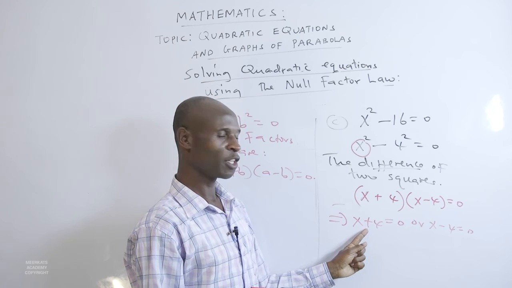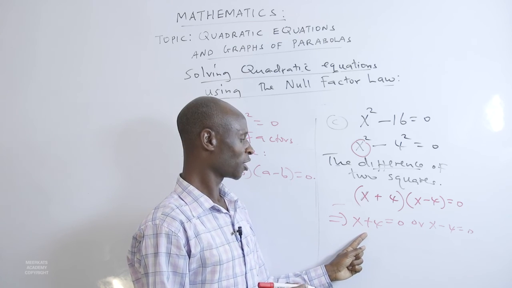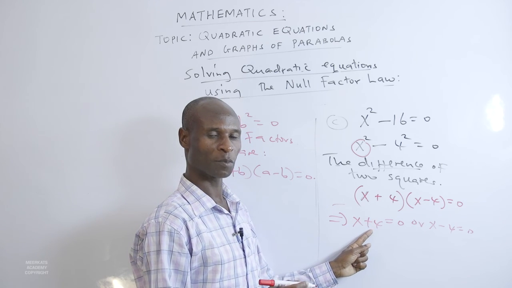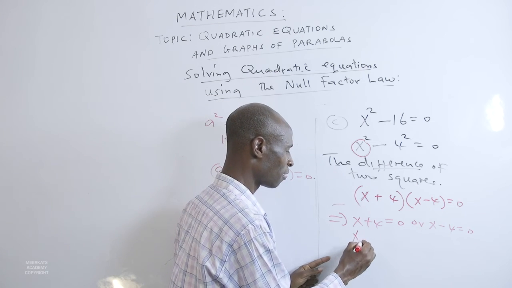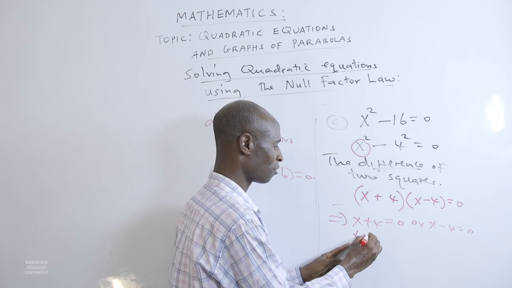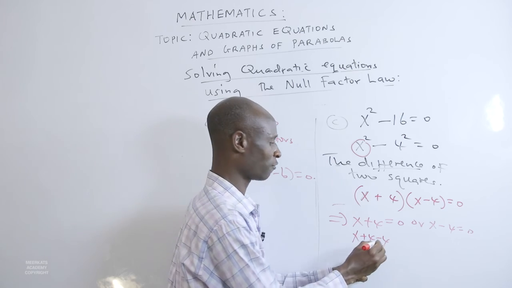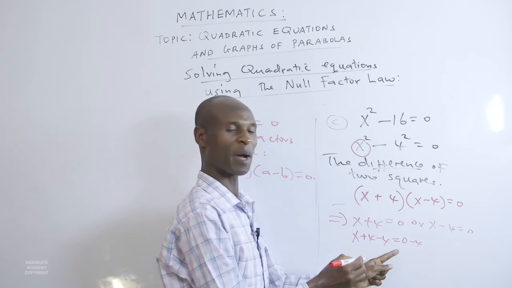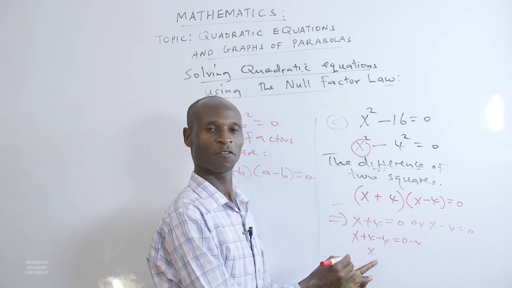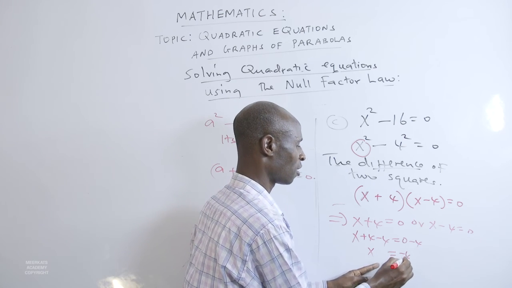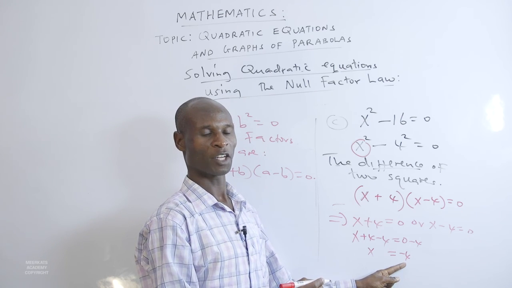So that means if we solve the first linear factor, we subtract 4 on both sides because it's positive. So we shall have x plus 4 minus 4, 0 minus 4. So on the left we have x, on the right we have negative 4. That will be the solution.